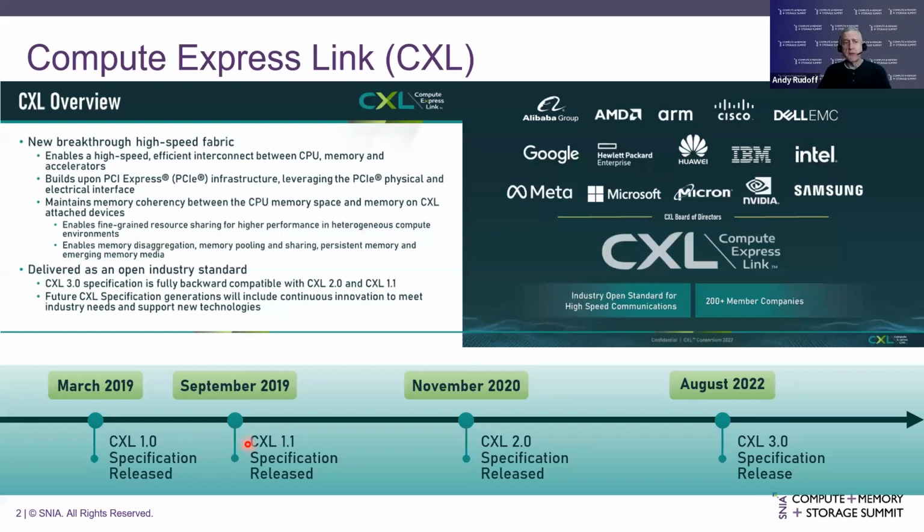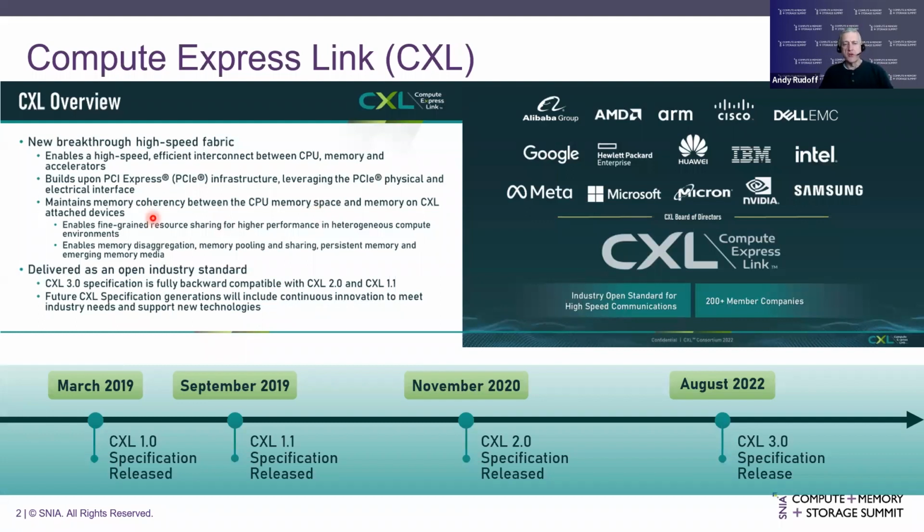And an important point here, it leverages the PCIe physical and electrical interface. You're already starting to see machines emerge in the ecosystem that have slots that you can either plug PCIe cards into or CXL cards. And so that just shows you the power of leveraging that physical and electrical interface. CXL maintains memory coherency between the CPU memory space and memory on CXL attached devices.